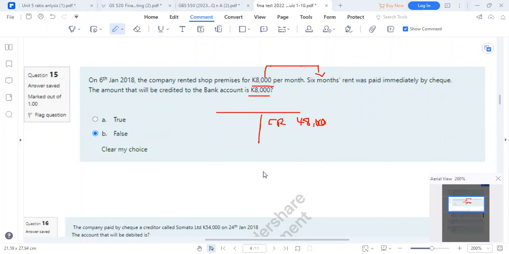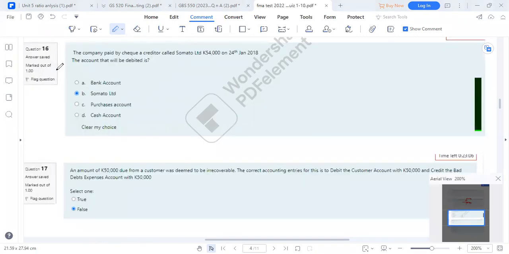All right. Then we go to question number 16. The company paid by check a creditor, Somato, 54,000. So the account will be debited. Paid by check, so we look at two transactions. We have the bank account and the Somato account.